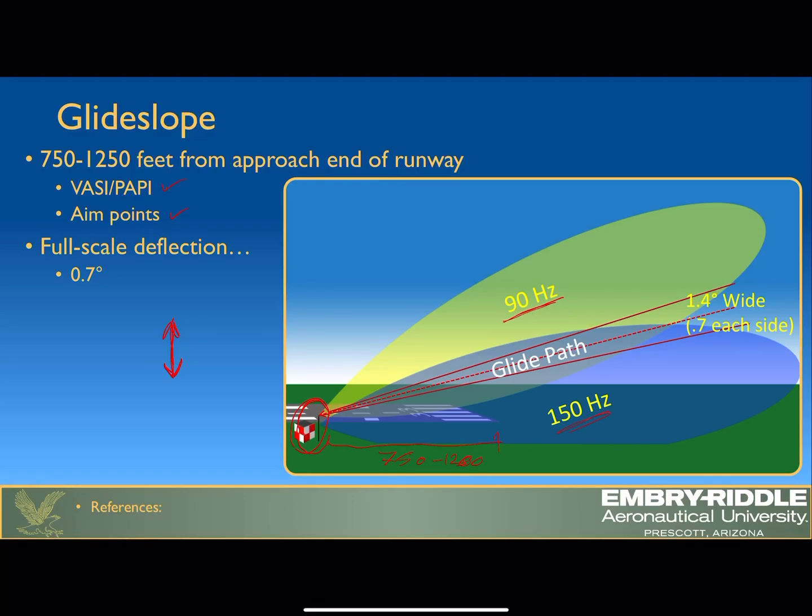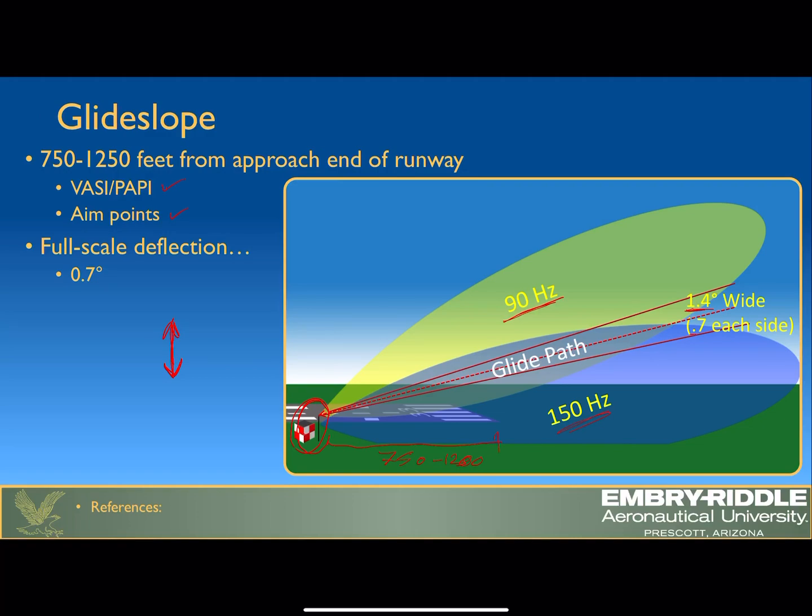So full scale deflection is about 0.7 degrees. So from this center line, you are trying to stay within a margin of 1.4 degrees, or 0.7 from each side of perfect glide path. So again, it is a radio frequency.